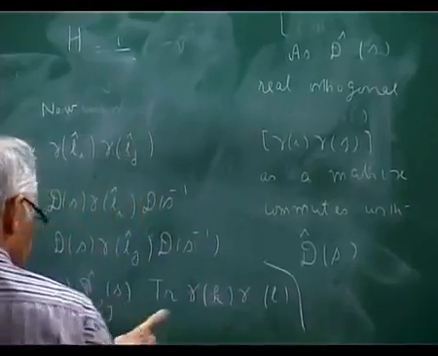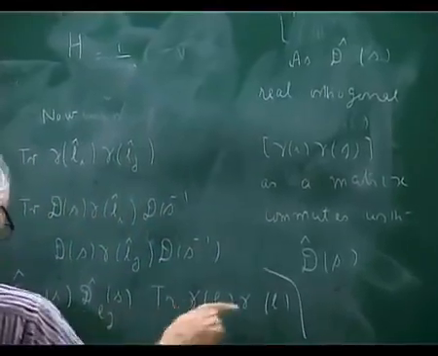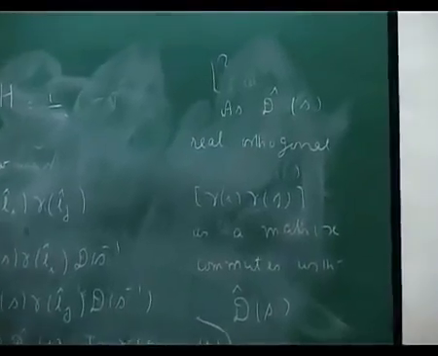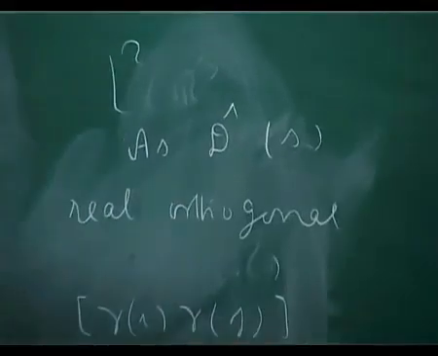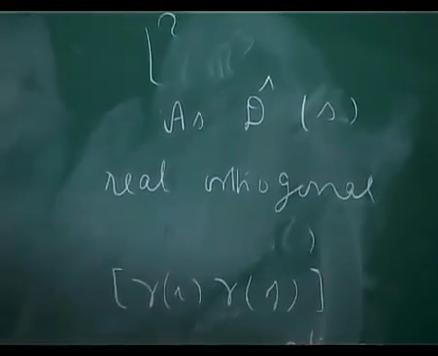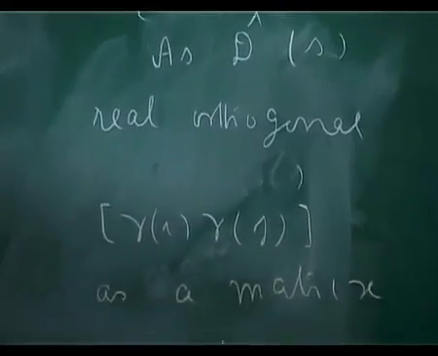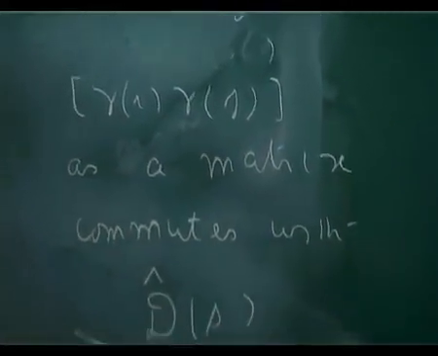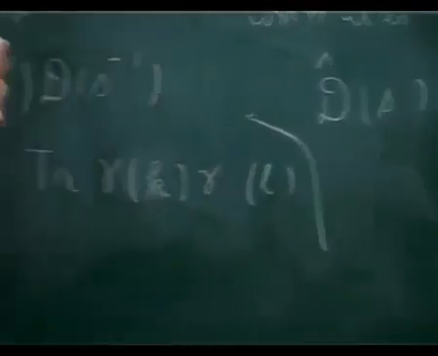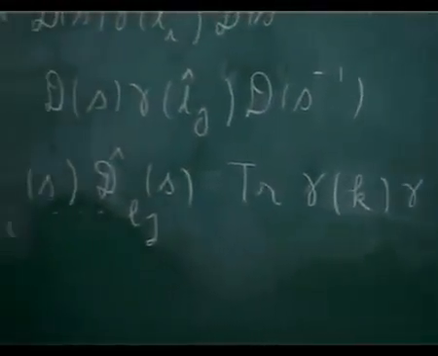So this is the same as this matrix D hat inverse this matrix D hat. So you can pull this D hat i k, you can flip the index and put the inverse. This is real orthogonal, so you can take the adjoint, which is the inverse. So it will become D hat inverse this matrix D hat, the same thing. So you get this. What does it mean?